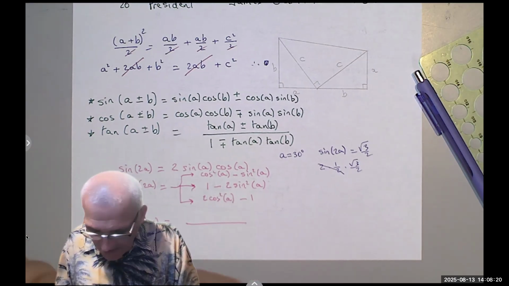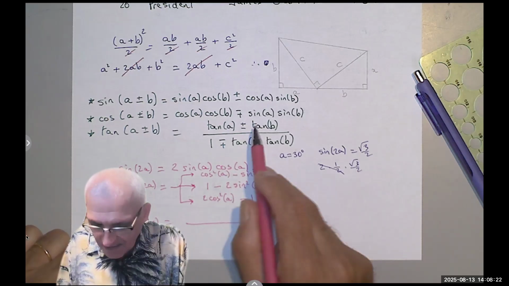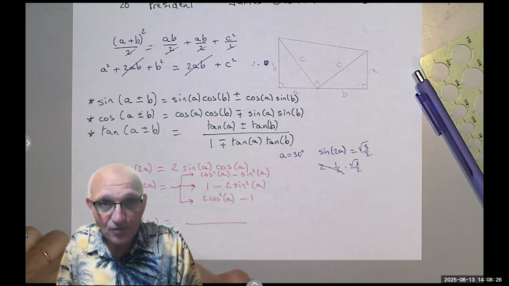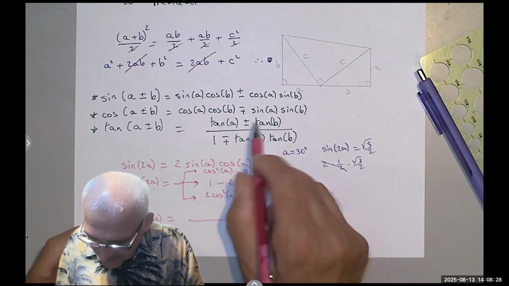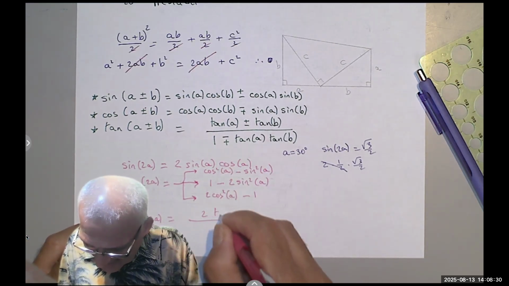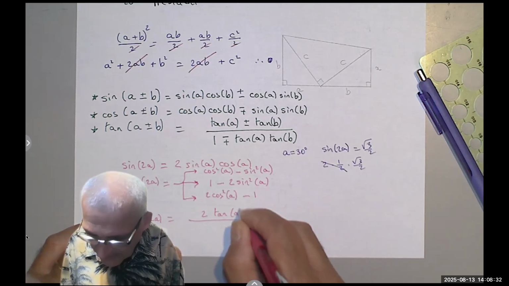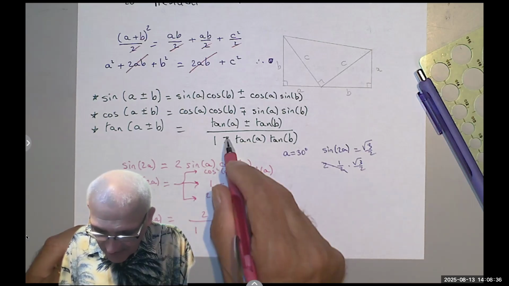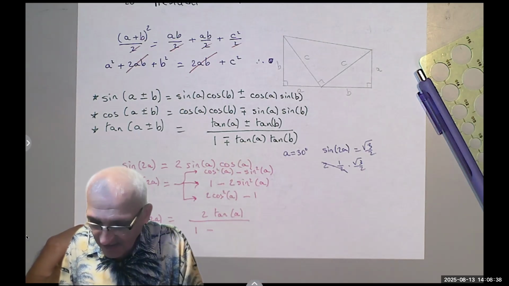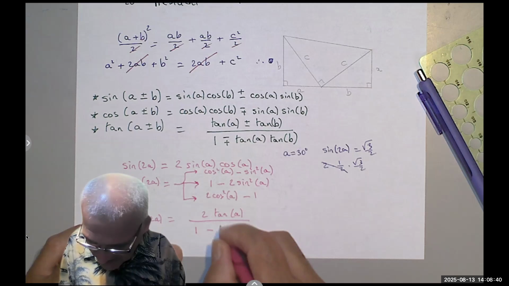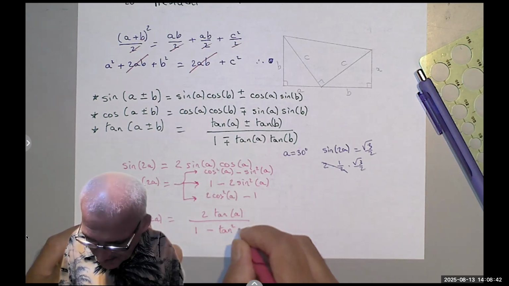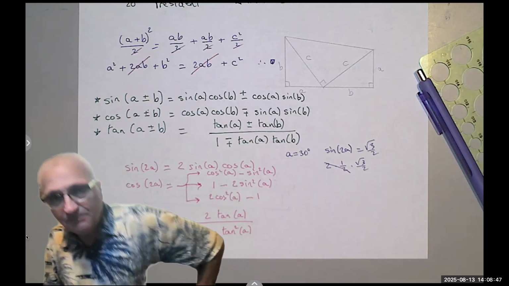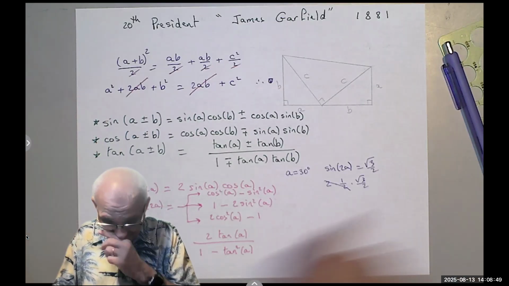So here it's tan A plus tan A, because I'm going to say 2A, twice A. So it's tan A plus tan A, or 2 tan A, divided by 1, and if it's plus in the numerator, in the denominator you subtract tan A times tan A, which is tan square A. These also are very important relationships.